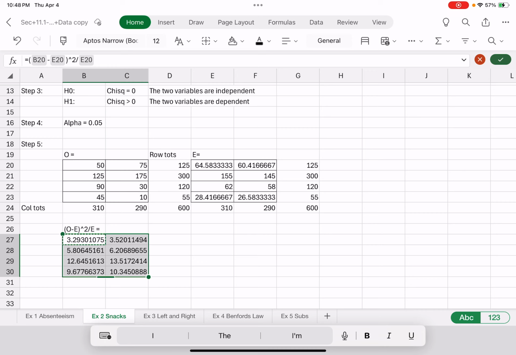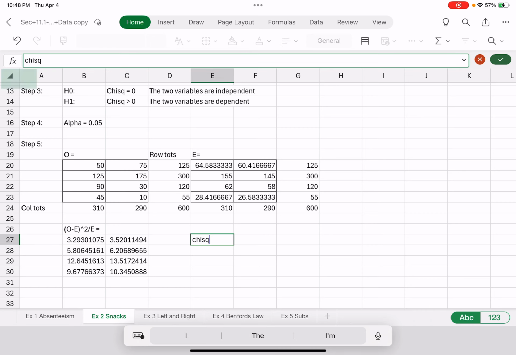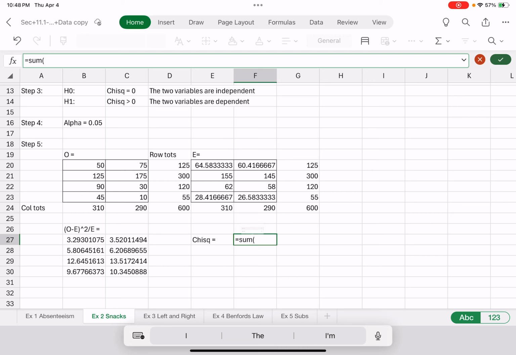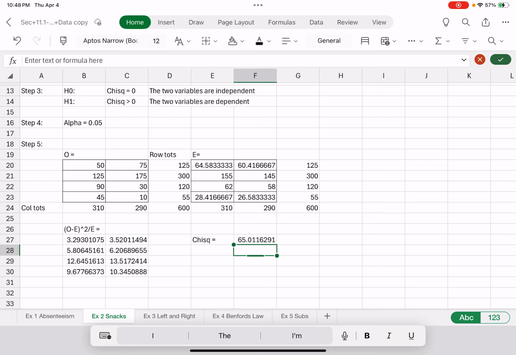All right, and so my test statistic then, chi-square, is going to equal the sum of all of this. All right, and it's 65, which is quite high, especially because the degrees of freedom is going to end up being 3, I think.